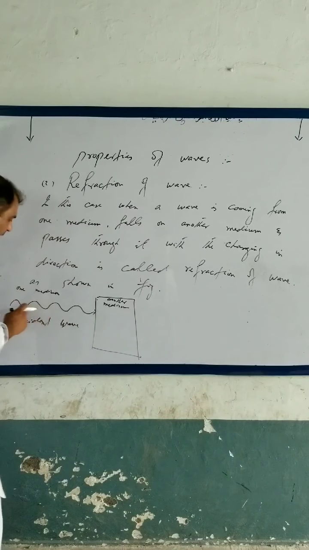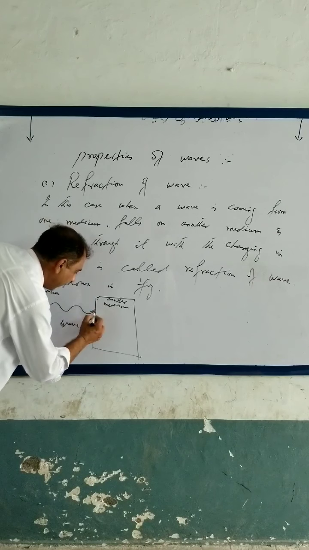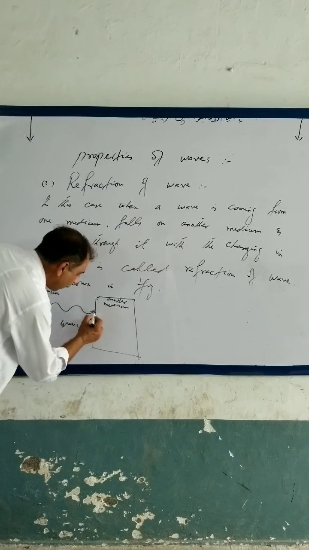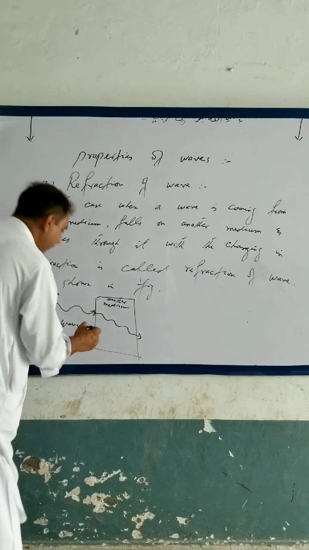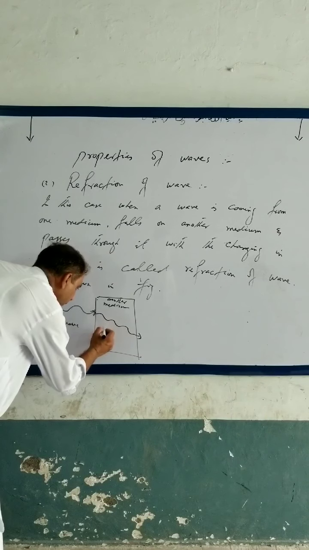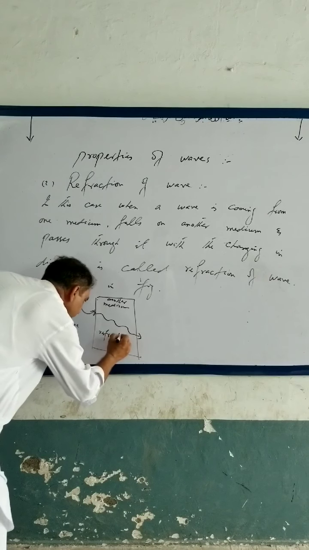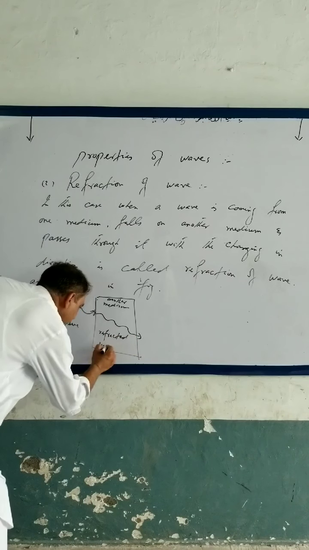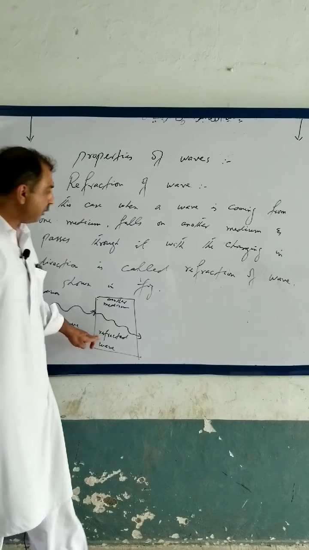When a wave falls on another medium and passes through it with a change in its direction, this change in direction causes the refracted wave.